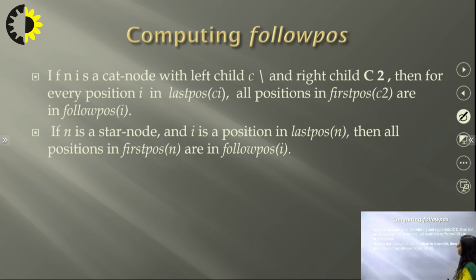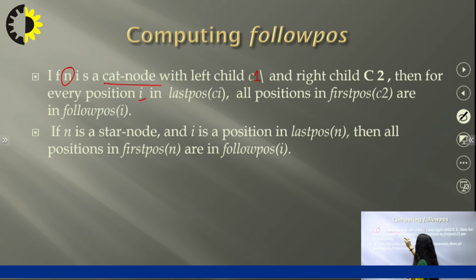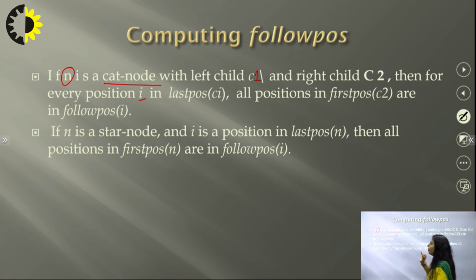What is the followpos? If n is a concatenate node with left child C1 and right child C2, then for every position i in lastpos of C1, all positions in firstpos of C2 are in followpos of i. What does it mean?